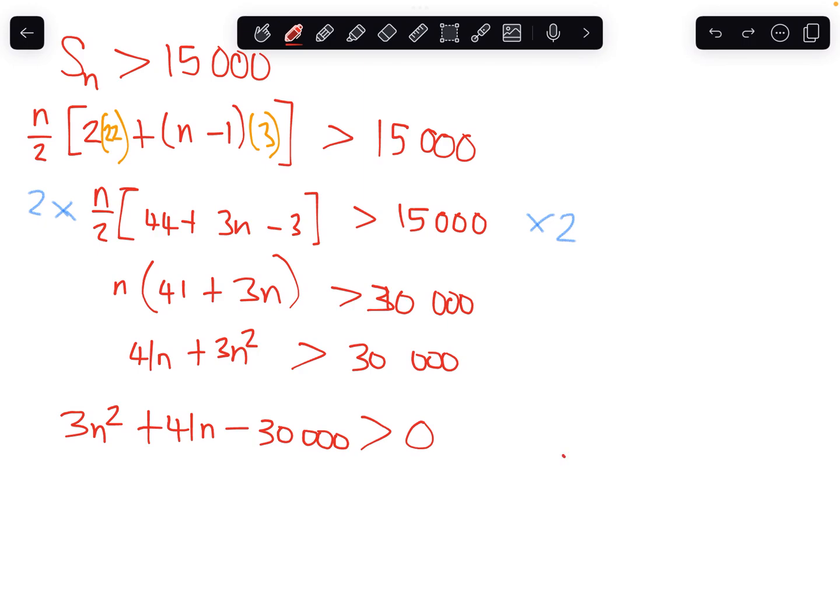We know it's a parabola, and because that coefficient is positive, it's going to be a concave up parabola, so it'll be something like this. It is greater than 0 over here and over here.